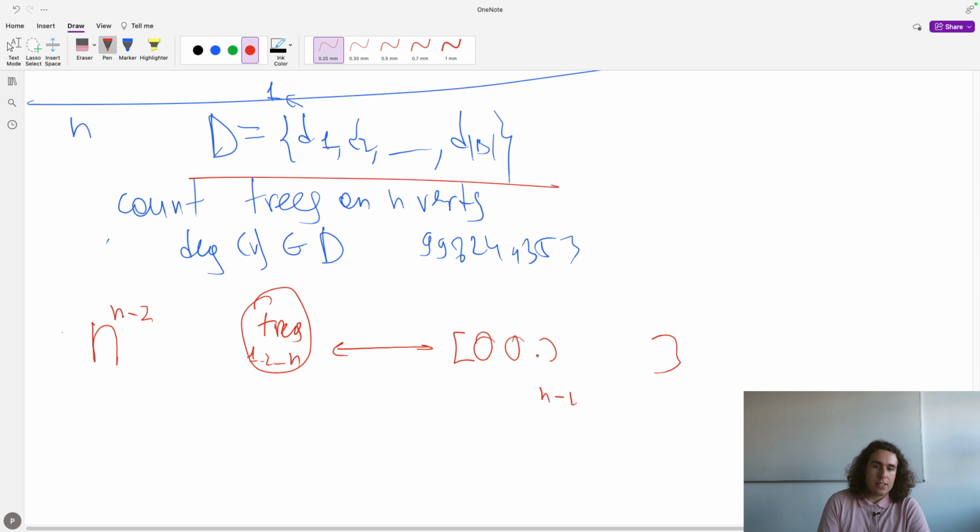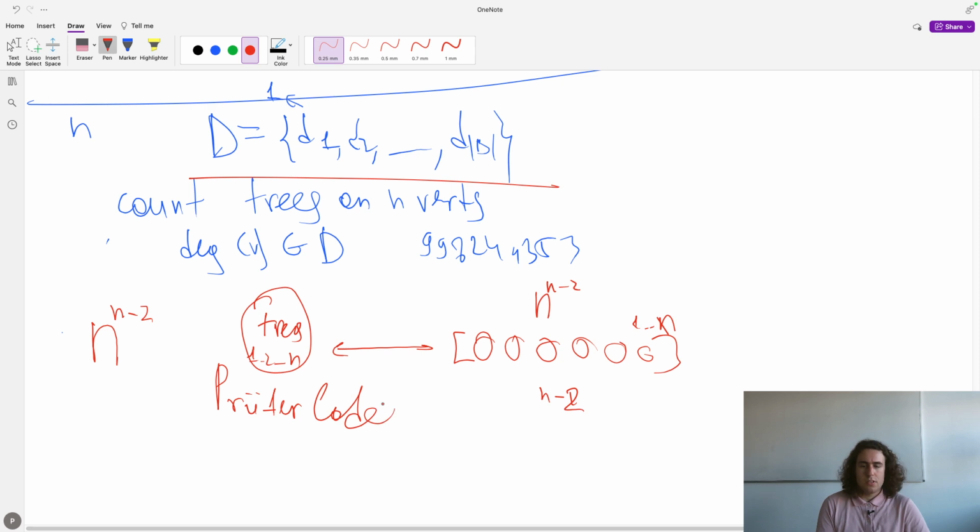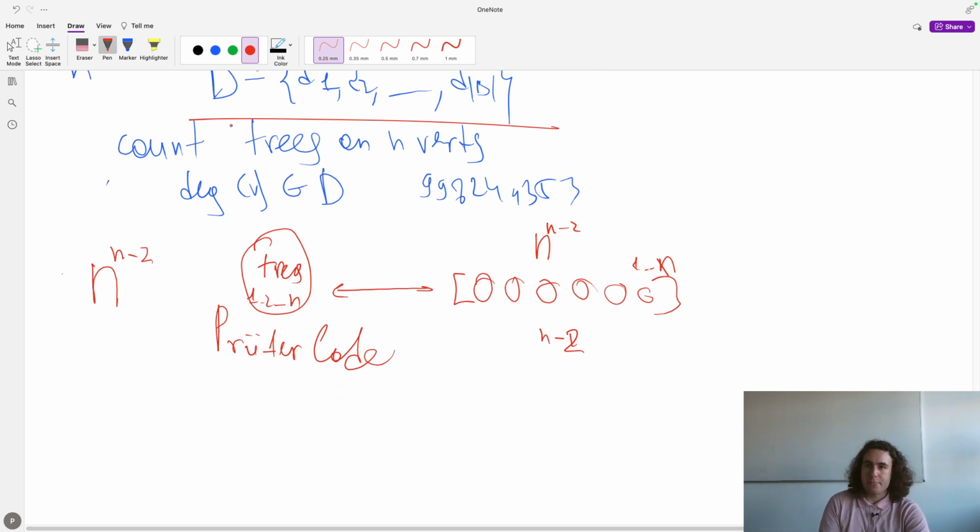So every element is a number from 1 to n. How many arrays of length n minus 2 are there? Every element has n choices, so there are n to the power of n minus 2 such arrays. This is called Prüfer's codes, how to encode a tree.